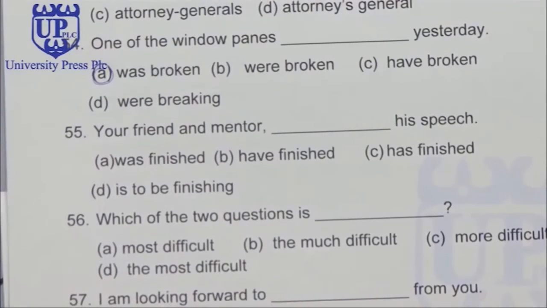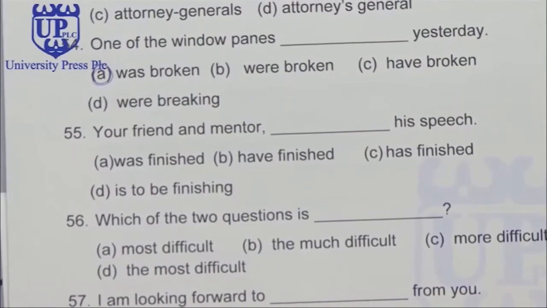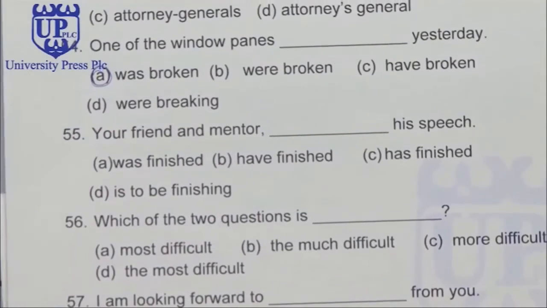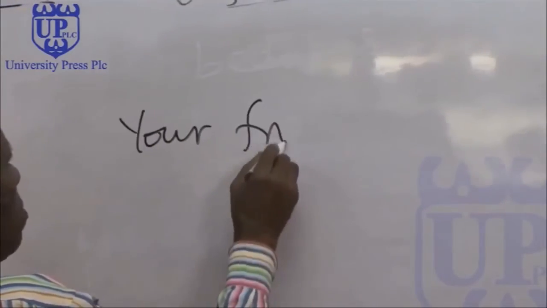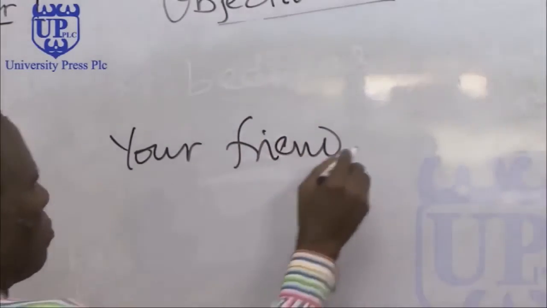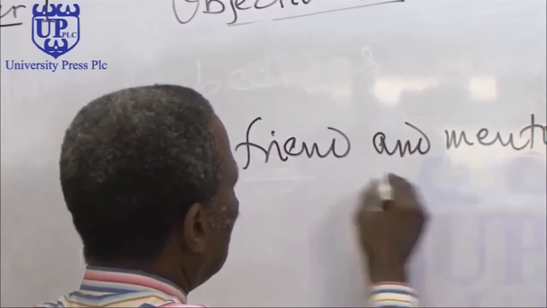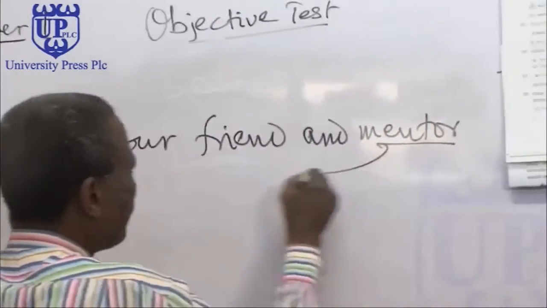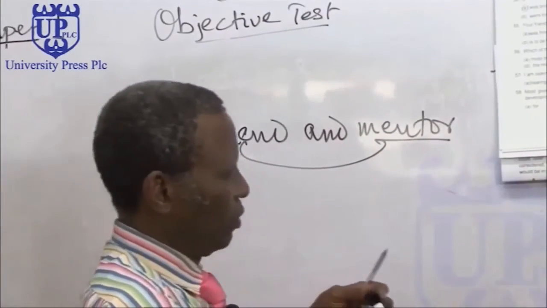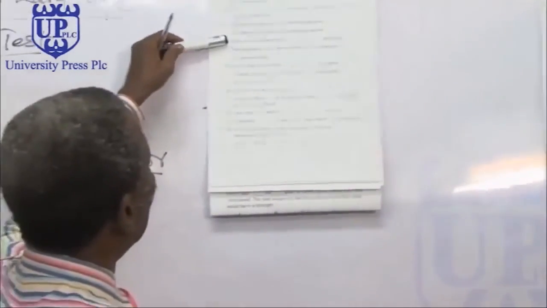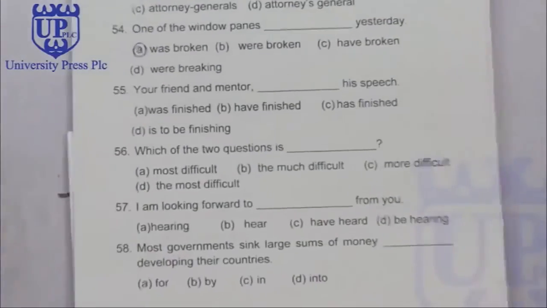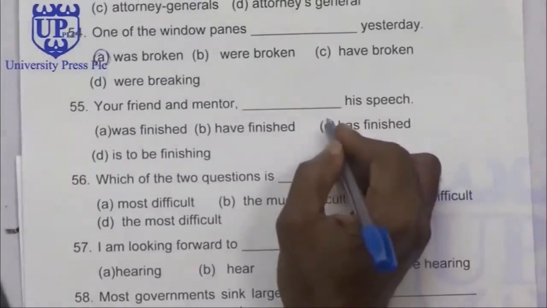Don't forget, your friend and mentor, referring to the same person. This mentor is referring to the friend, and therefore it will be a singular verb. Your friend and mentor has finished his speech.